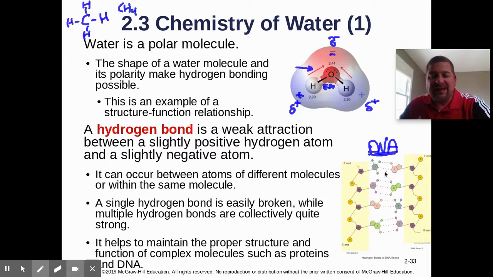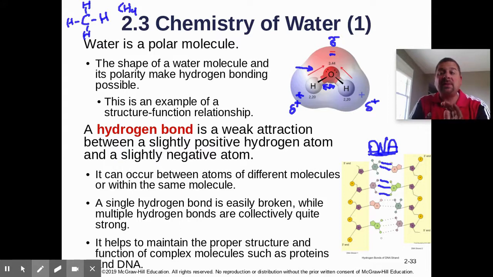Between adenine and thymine, you've got two hydrogen bonds, usually represented with dotted lines, and between C and G, you've got three hydrogen bonds. A single hydrogen bond can be easily broken, but multiple hydrogen bonds help keep the DNA molecule fairly stable, twisted into a double helix, with the two strands held together.